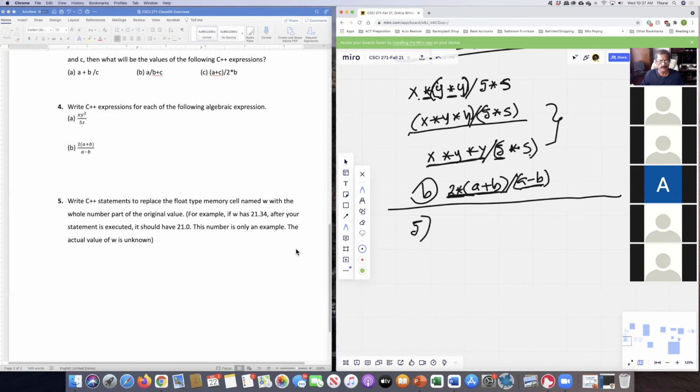No one has an answer. You need to write one statement that will replace W with the whole number part of it. W equal, no. Yeah, you're going to replace W with something else.